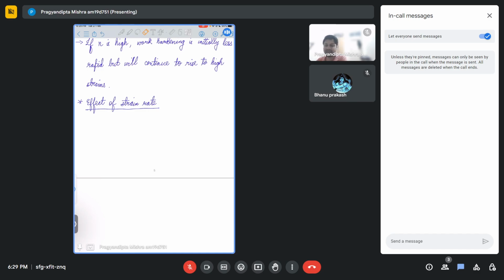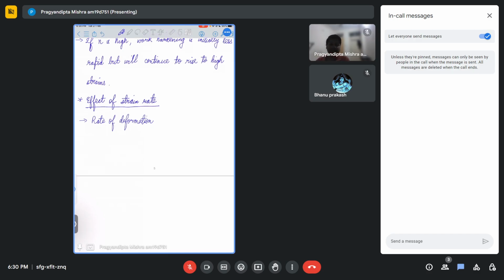We can write that in terms of a constant known as m, which is the strain rate sensitivity. So let's define that first. The rate of deformation here is given by d of ln sigma divided by d of ln epsilon dot.